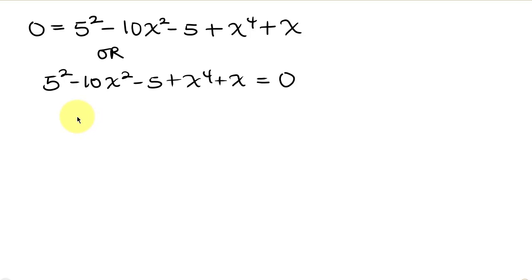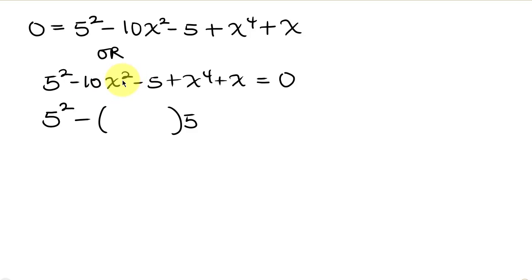Very good. Now, since I have 5 squared here, I'm going to be writing this equation as a quadratic equation in terms of 5. How do I do that? I've already got 5 squared. Now notice that negative is common, so I can factor out negative. Then open bracket. Now see that 5 is also common, so let me bring out 5.